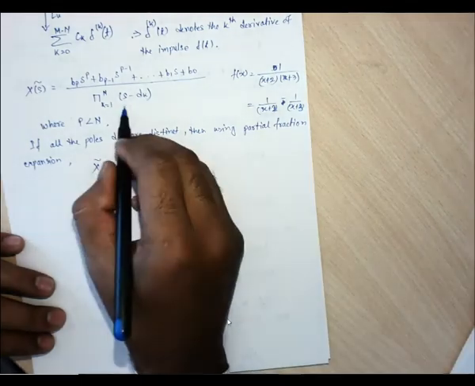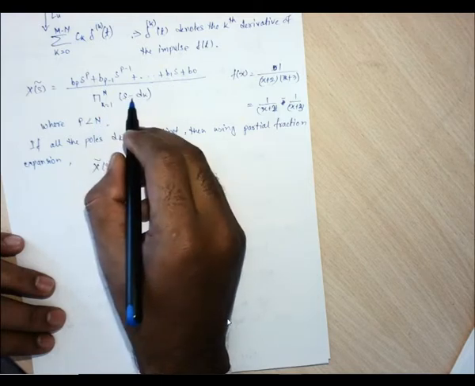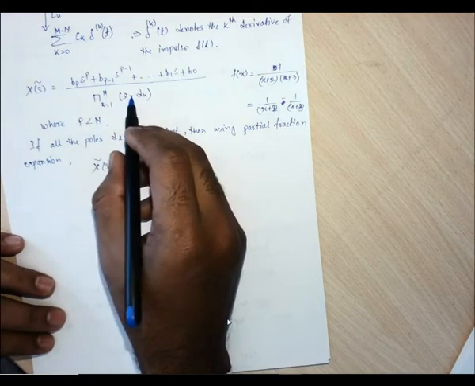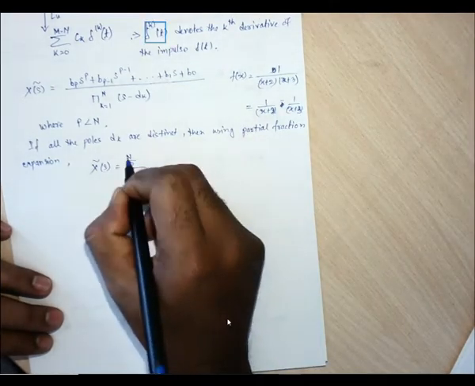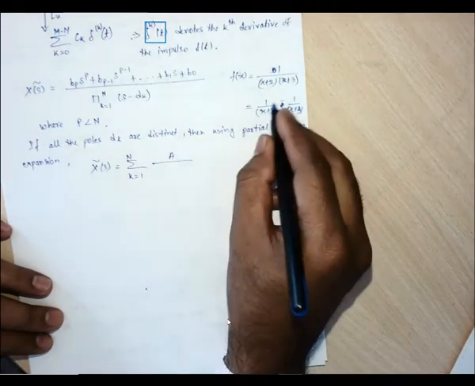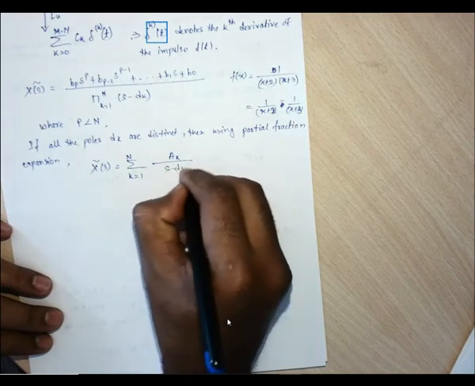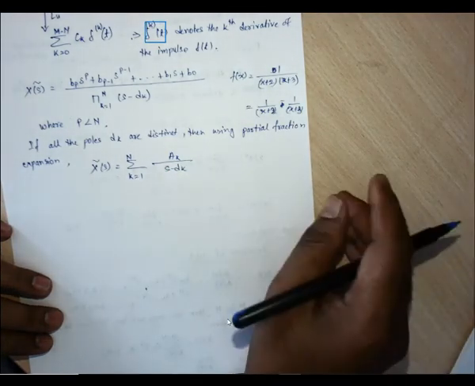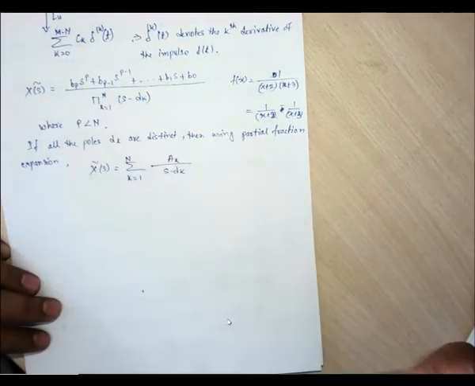We can go up to the maximum number of poles, because the order of this denominator gives the number of poles in the Laplace transform. So we go from 1 up to n. A new constant will come, let us consider it is ak over s minus dk. Like this, we can take the partial fraction of this Xs.